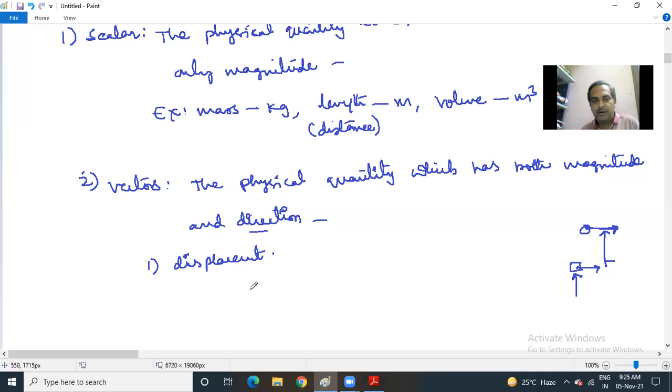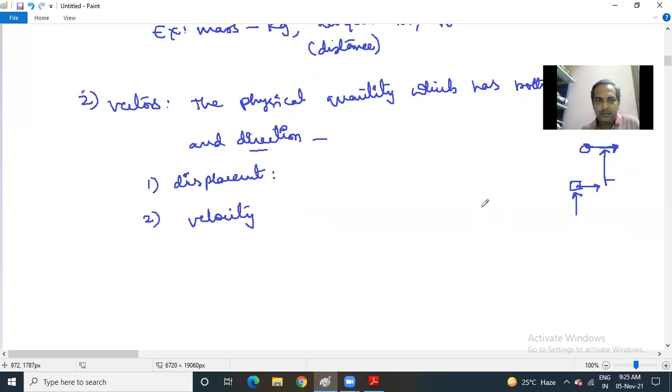So displacement is one such quantity. The second is velocity. When you talk about velocity, you need to mention whether the body is moving left or right along the x-axis, upward or downward along the y-axis, or in the direction of z, negative or positive. The same goes for acceleration. When a body is moving, its displacement may be in the xy plane, yz plane, or zx plane.